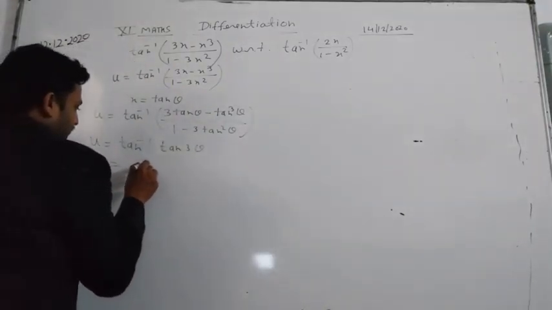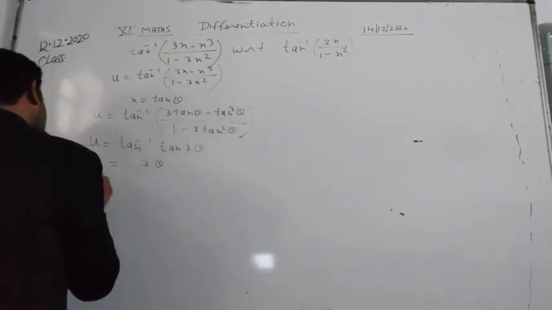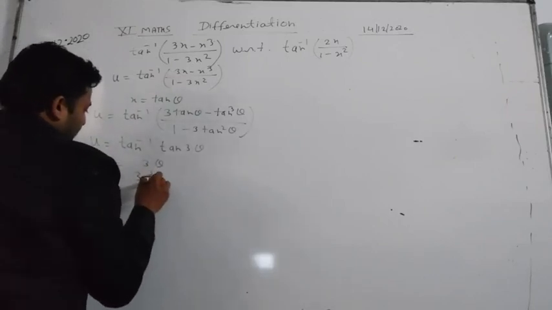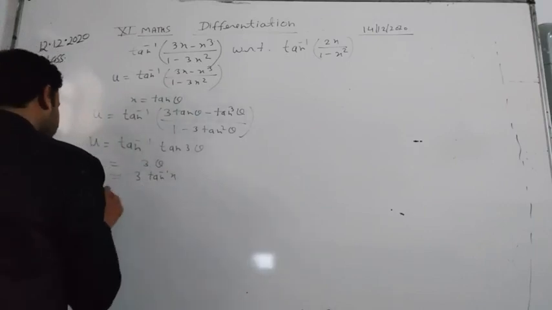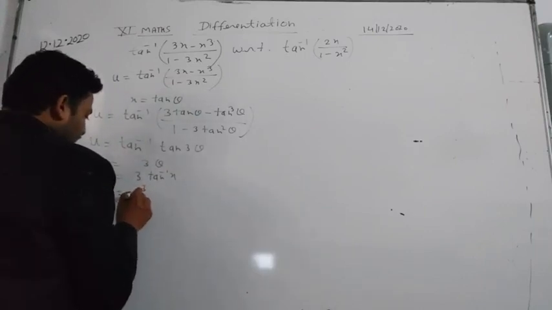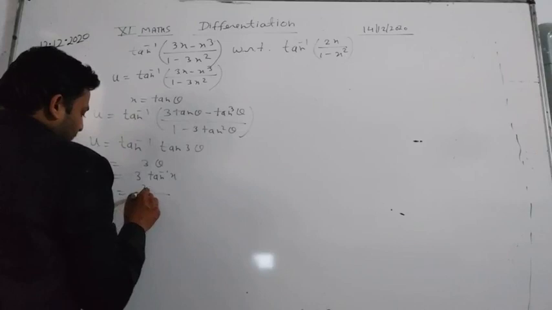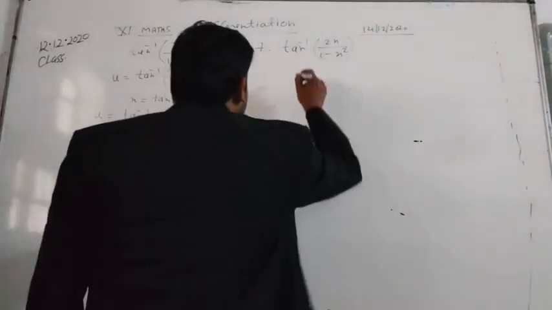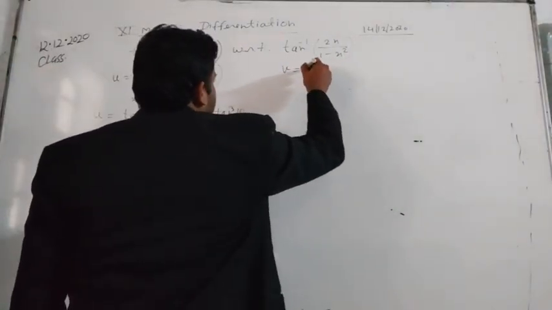So u is 3 theta. So u is 3 tan inverse x. So du by dx is 3 by 1 plus x square.